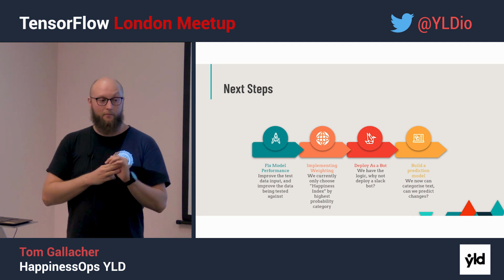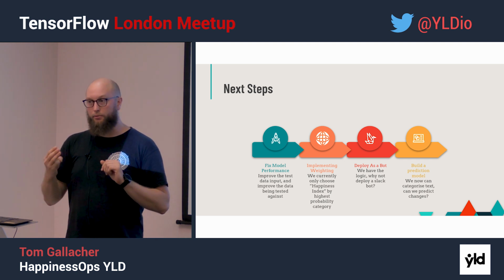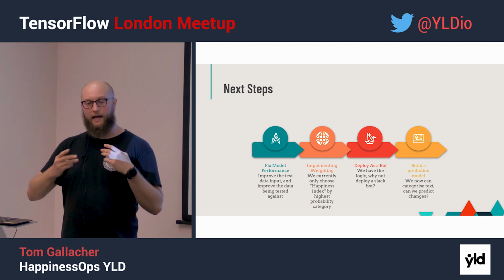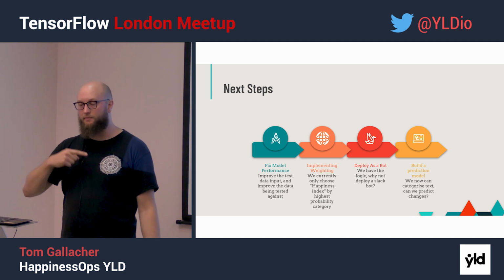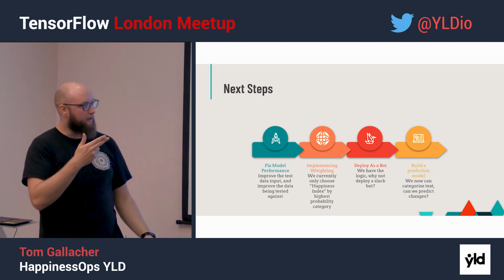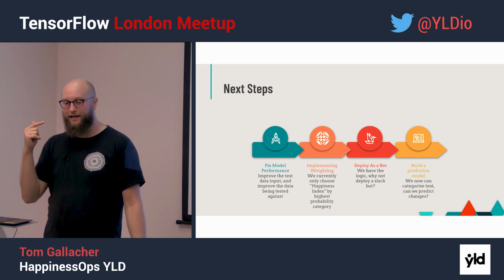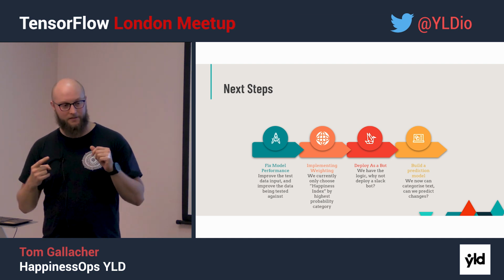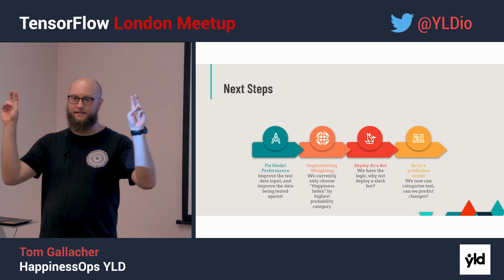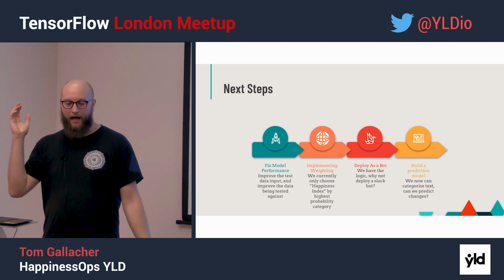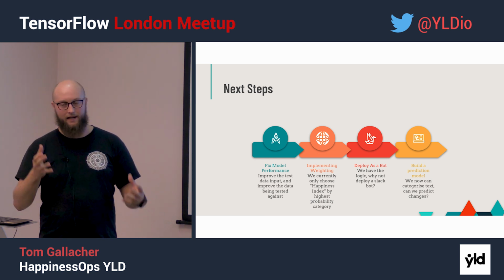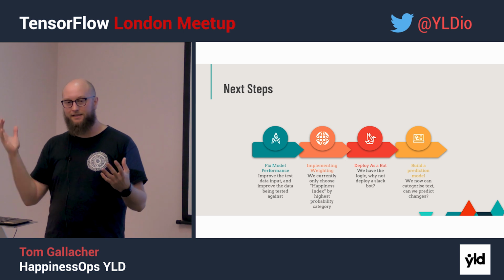The third thing is I wanted to build a bot that can classify data as new messages are coming in. This is something that we already have at YLD. A previous thing that I created was a toxicity bot for some fun. It classifies text based on the toxicity of the comment.